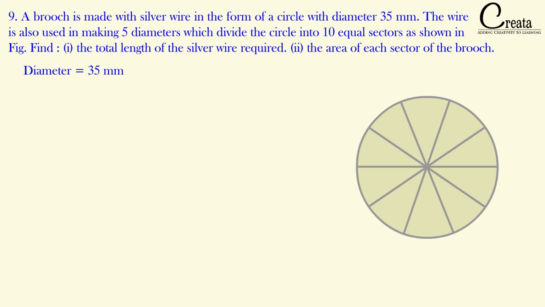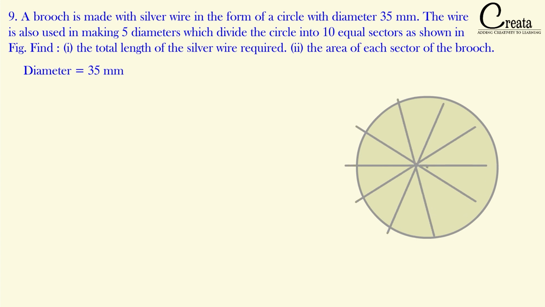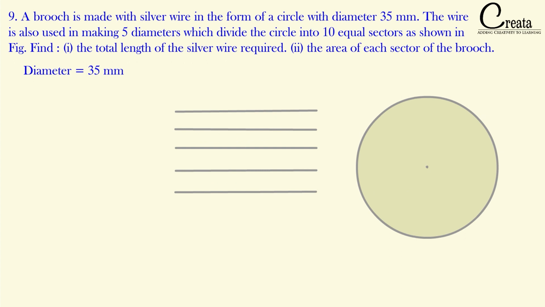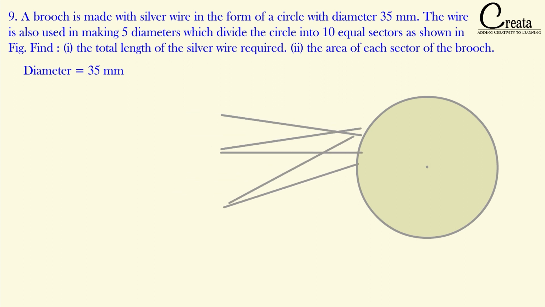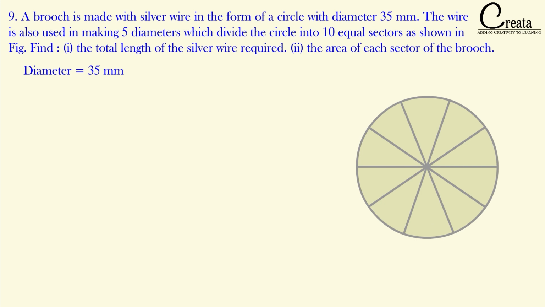Further, it is given the wire which is used to make this brooch is also used in making 5 diameters. 5 diameters means the wire has been cut into 5 lengths, which is equal to 5 diameters. So these are the 5 diameters in the brooch, which is made from the same wire. Further, these 5 diameters are dividing the circle into 10 equal sectors. So these are the 10 sectors and all the 10 sectors are equal.